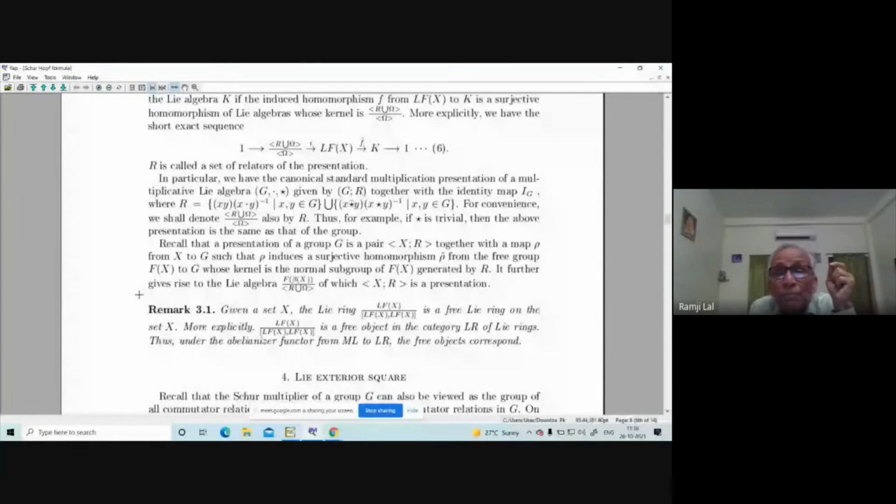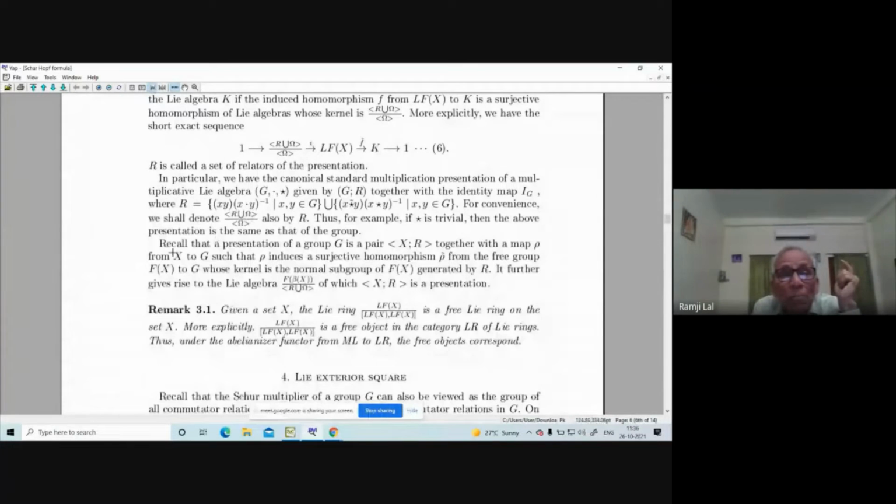For convenience, this will also be denoted simply by R. Thus, for example, if the star is trivial, then the above presentation is the same as that for a group. So if you take the star to be trivial, then it comes out to be a group, the usual presentation for a group, the multiplicative presentation for the group.